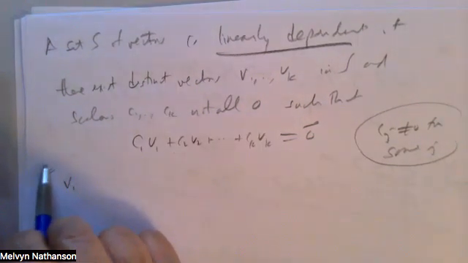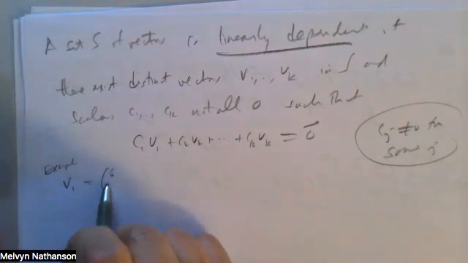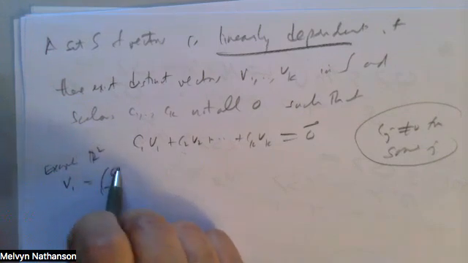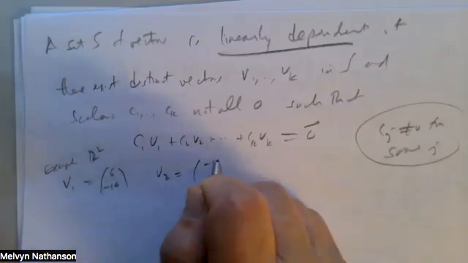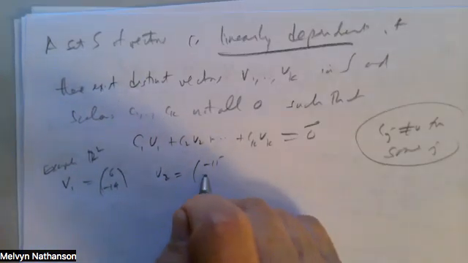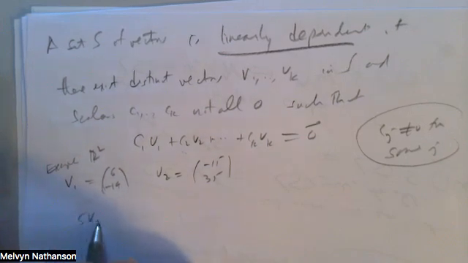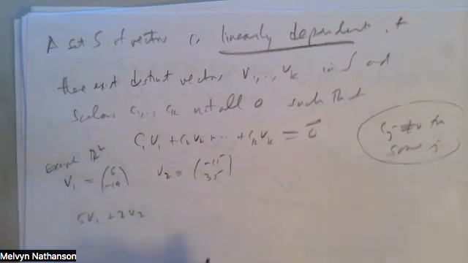So for example, if I take V1 to be the vector (6, -14), this is in the vector space R2, and V2 to be the vector (-15, 35), you can see, I hope, let's see, 5 times V1 plus 2 V2.